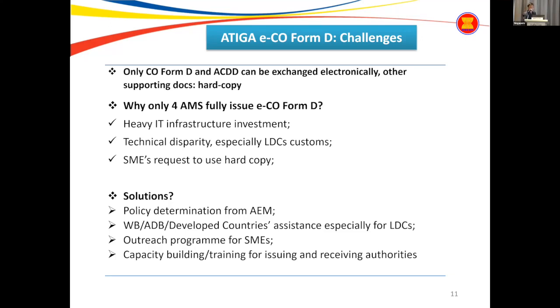Because of a lot of problems, like IT infrastructure and technical disparity, especially in LDC countries, we really call for the support of big organizations like ADB, UN ESCAP, or UNCTAD to help those countries improve their infrastructure. And the solutions there are outreach, policy determinations, capacity building, and technical assistance from big players, integration.